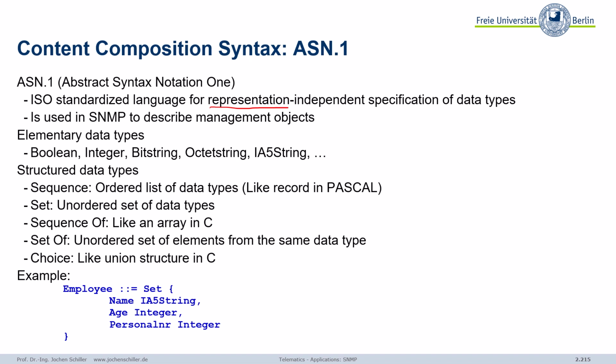So an employee, for example, is a set, so it's an unordered set of, in this example here, a name, and the name is then an IA5 string, so IA5 defines 128 characters, and so that's the name, and the age is an integer, and your person ID, for example, is also an integer.